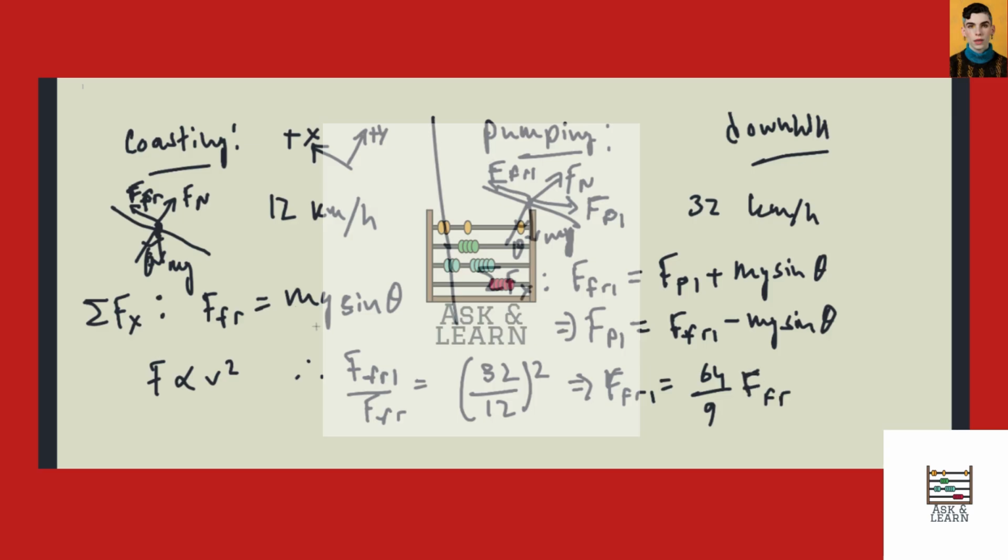And what is FR? It's mg sine theta, as we saw here. So this is 64 over 9 times mg sine theta.